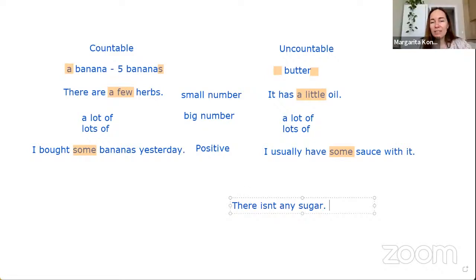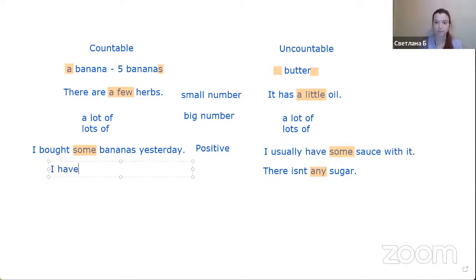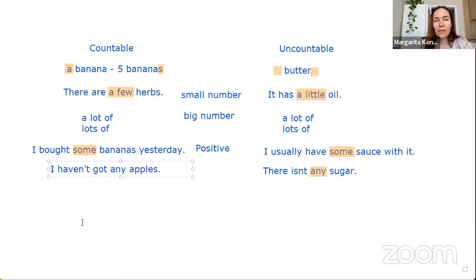So in negative sentences, we use any. Again, for both countable and uncountable. But this is a negative sentence, right? Like, I haven't got any apples. Countable, yes, again any, and again a negative sentence.